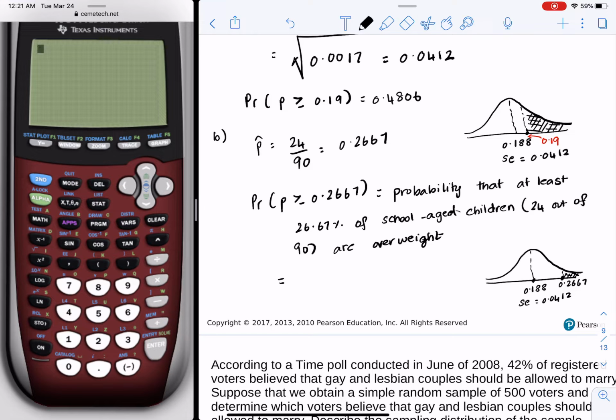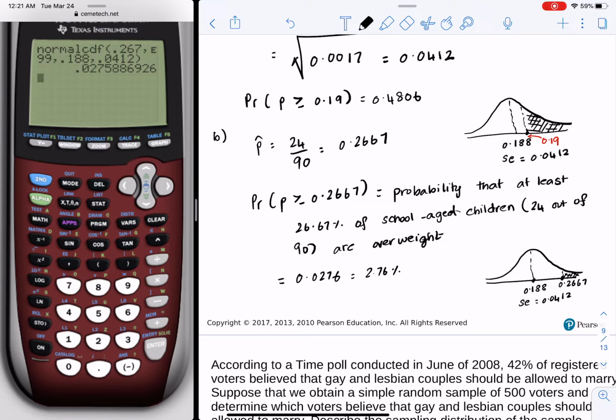So we start at 0.2667 and we end at E99. The mean is 0.188 and the standard deviation is 0.0412, which is the standard error of proportion. So that value happens to be 0.0276. In other words, 2.76%. And that is a very small percent.